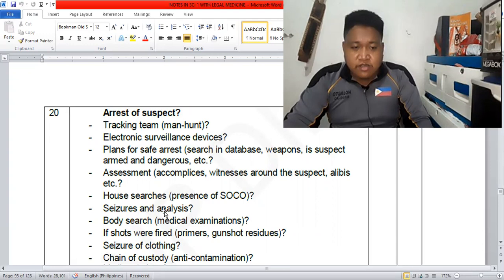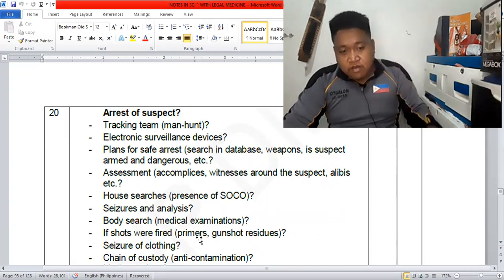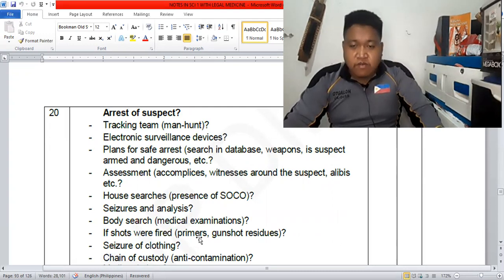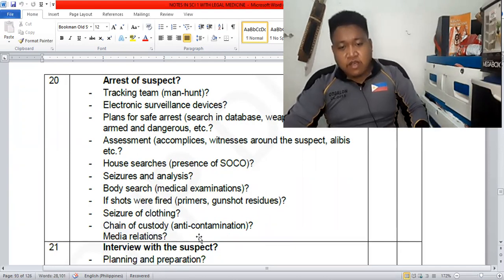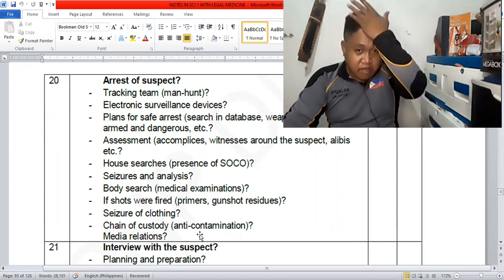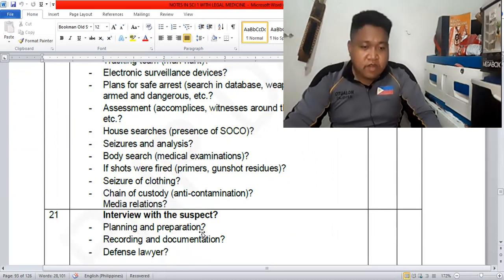Seizure and analysis. Body search if shots were fired. Fire primers, gunshot residues are collected and recorded. Seizure of clothing, chain of custody for anti-contamination and media relation.